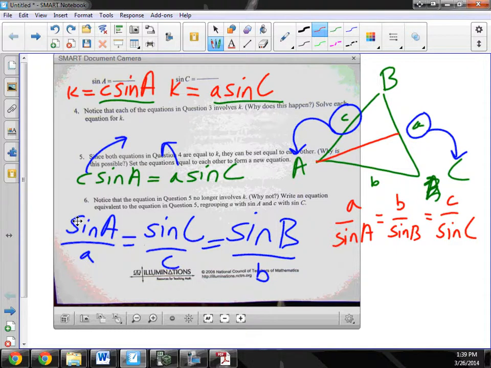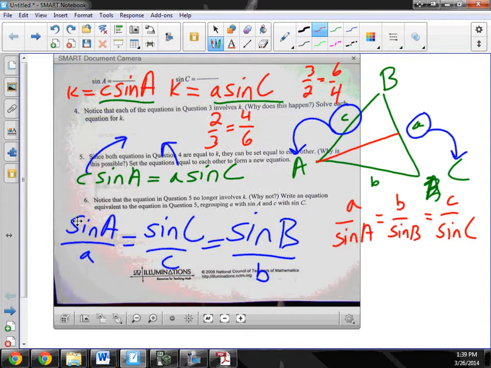It's the same ratio. It's like saying 2 over 3 equals 4 over 6. That's true, right? If I flip it upside down, is 3 over 2 equal to 6 over 4? Still true. So it doesn't matter which version of the equation you use.